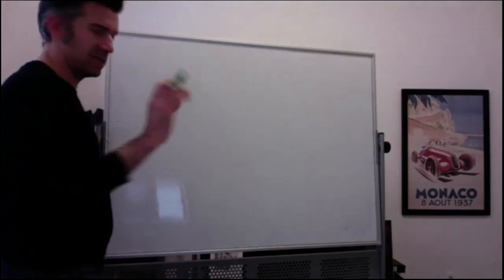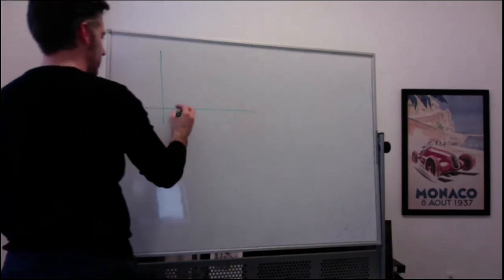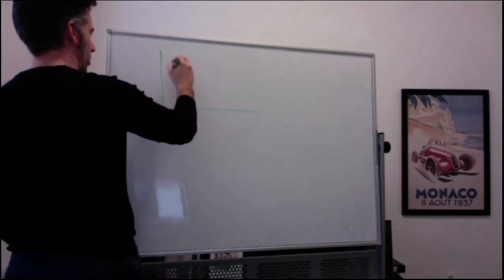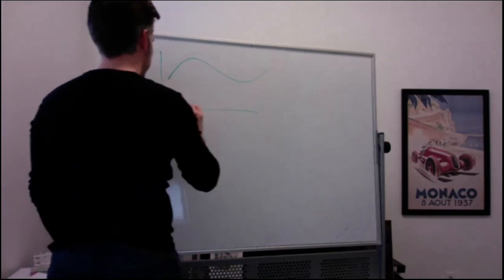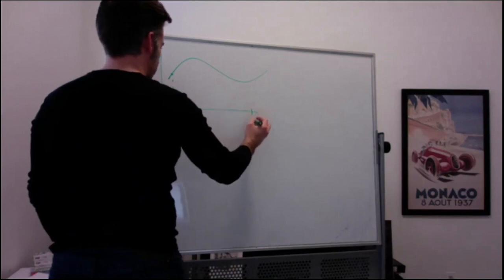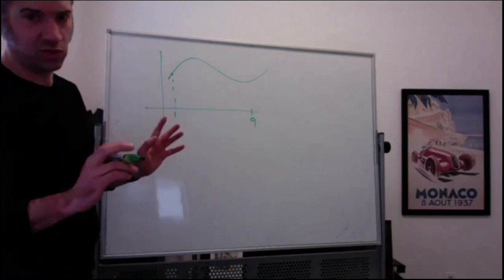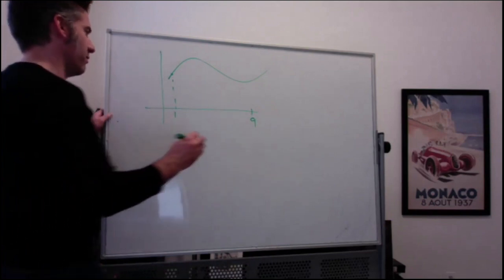So for example, I'm going to draw kind of a wonky picture here. If I was trying to estimate the area under some curve from, let's say, 1 to, I don't know, 9. Let's say I was going to be super lazy and break it up into 4 subintervals.